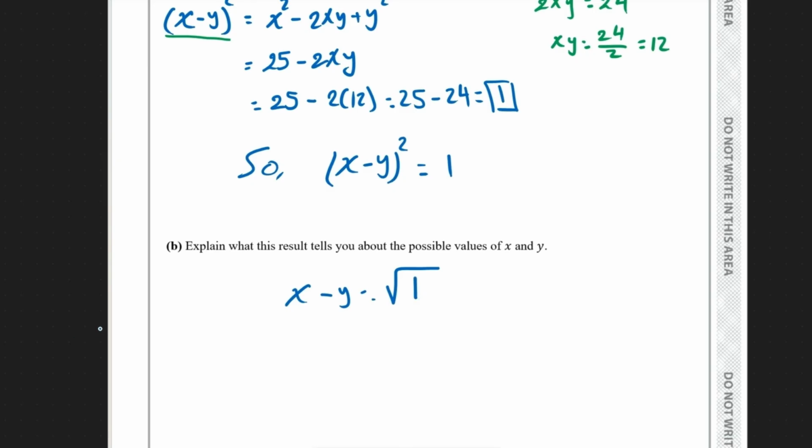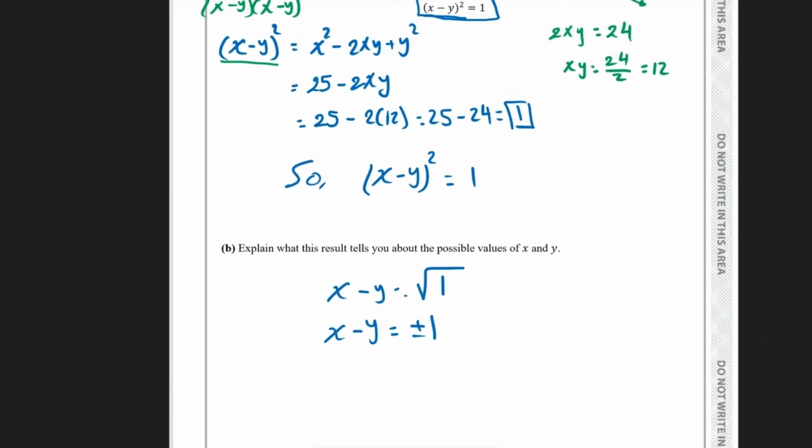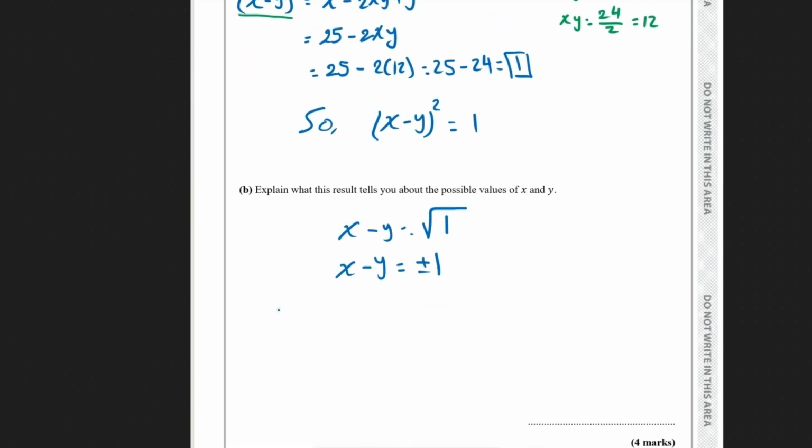That's how to bring a power from one side over to the other side: we turn it into a root, isn't it? And what is the square root of 1? x take away y equals plus or minus 1 here. So we have two options: x take away y equals 1, or x take away y equals minus 1.